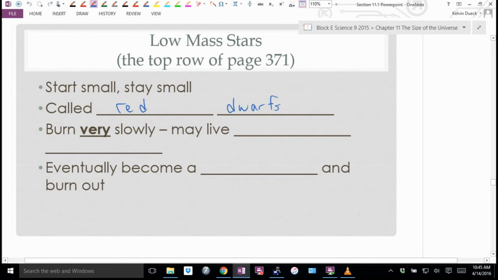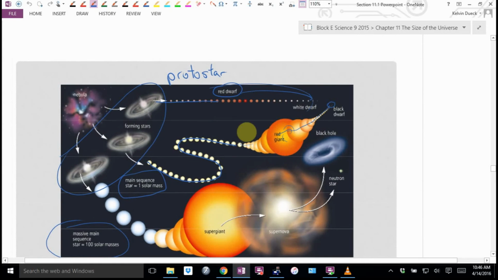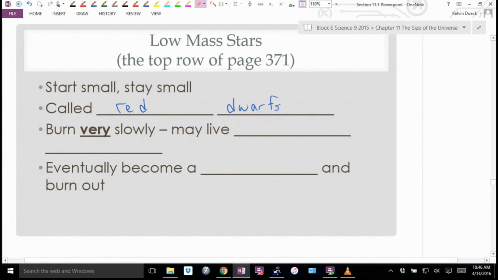Okay? They burn very slowly. In fact, they burn so slowly, really, on this chart, we really should have had this way longer. Just couldn't fit it in. How slowly? Well, we think they may live 100 billion years. Our universe is about 13.4 billion years, so we figure these stars will last for a long time.